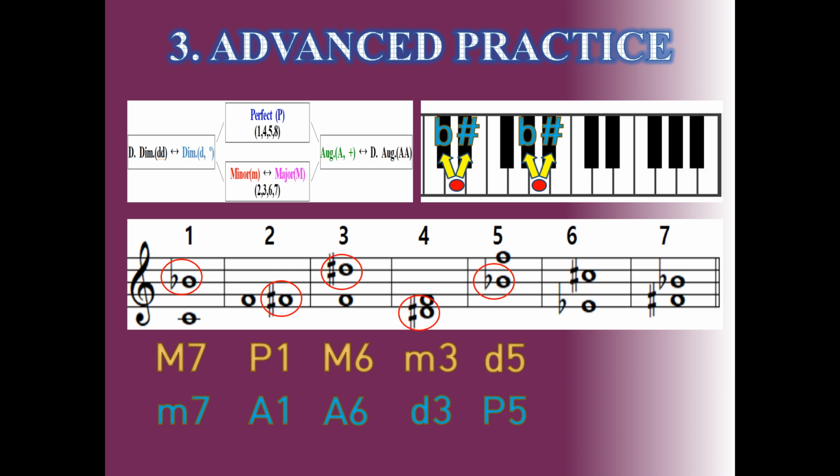Number 6, Mi flat to Do sharp. What is the interval Mi Do? Mi Do is a minor sixth interval. So now let's apply the chromatic signs. The lower note has a flat. Then it will be increased, right? And how about the higher note? The higher note has a sharp. Then it will be increased again.